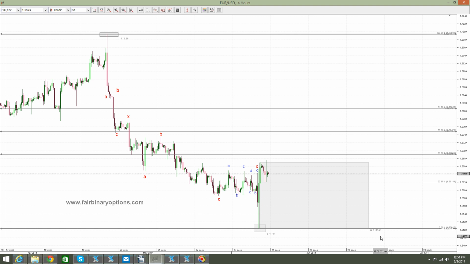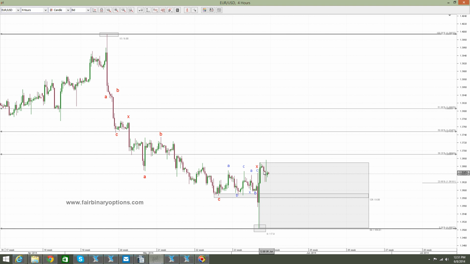We don't know that. What we do know is that we would like to buy call options every time price goes below this area here. So this is the all important 35.80 area, and so this to be A like this. Probably the B wave is not done here. Let's say maybe the B wave will be done around here. So this to be A, and then a B wave like this, and then a C wave, and so on.